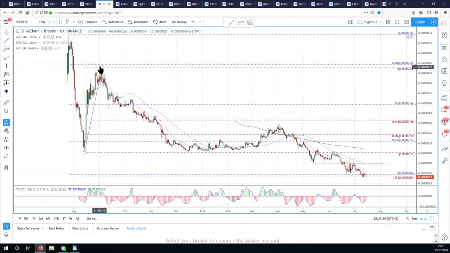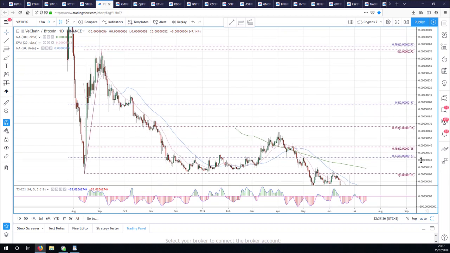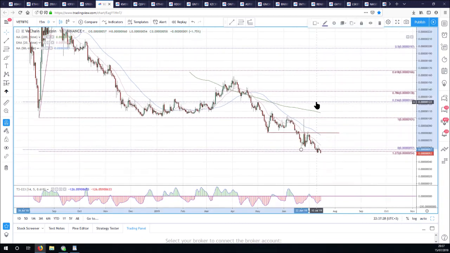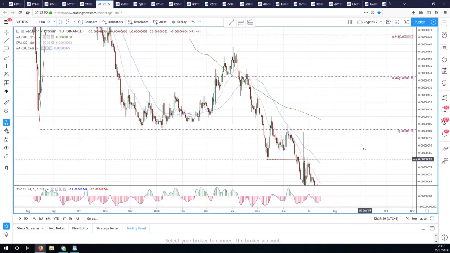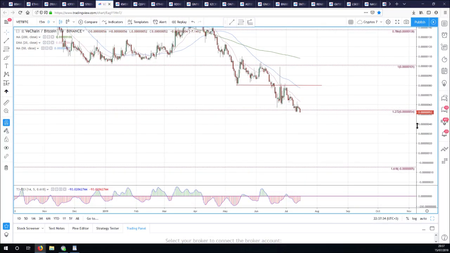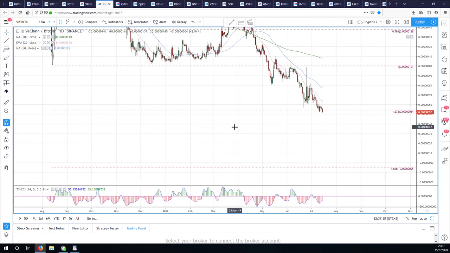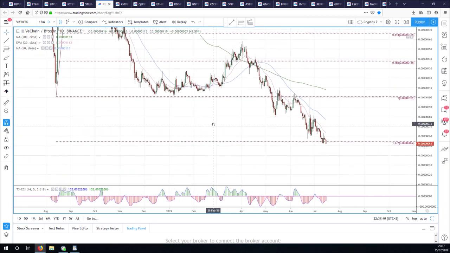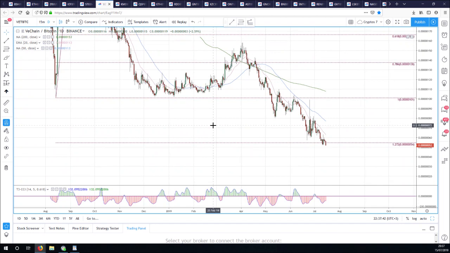Because when I draw from here to here, I had hoped this 1.272, let's take that away, would catch us. And it doesn't look like it is. So I'm going to say VeChain Bitcoin, I'm not feeling it at all, and I think we've got further to fall in VeChain dollar. Sorry.